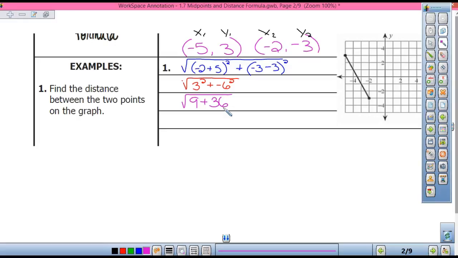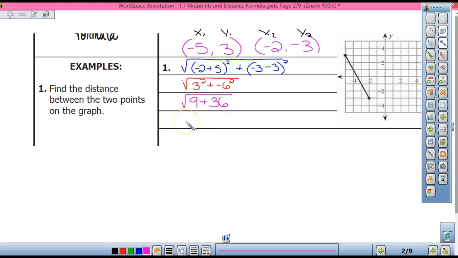Well, it's because it's negative 2 minus negative 5. So that turns into a plus. Okay, but normally, if that was a positive 5, then yes. Does that make sense? Okay, so 9 plus 36? 45.